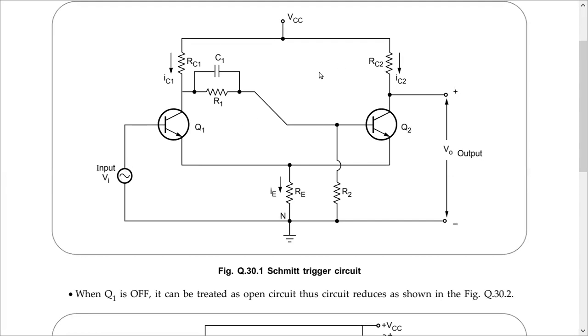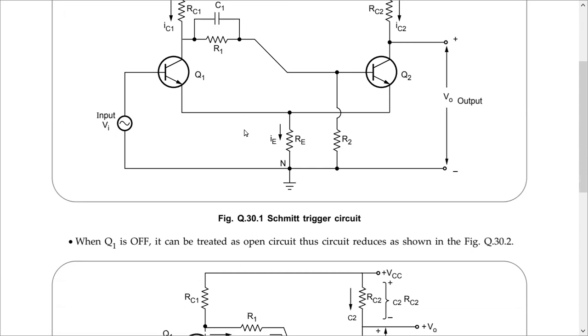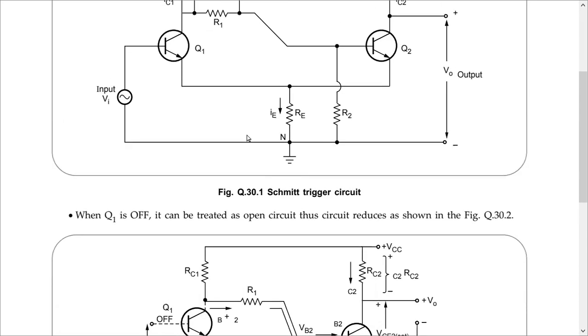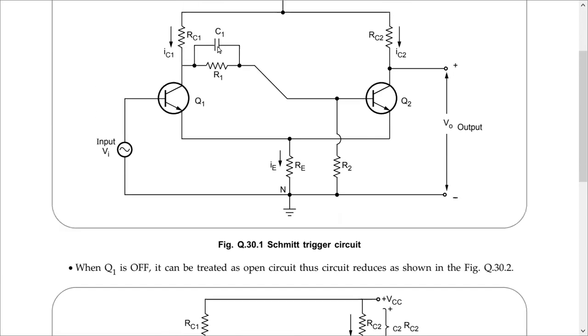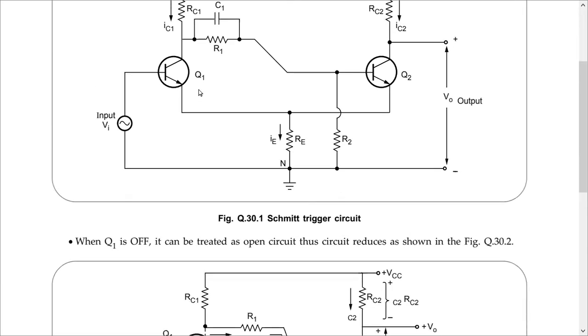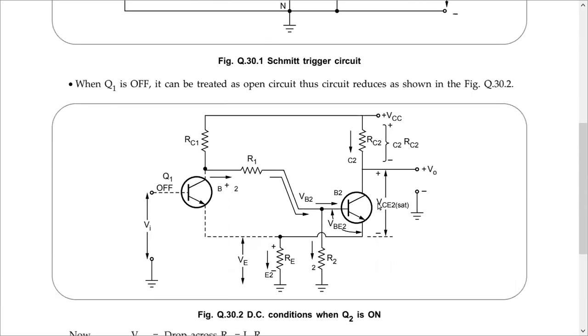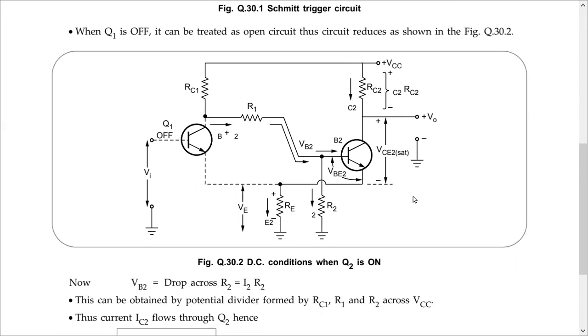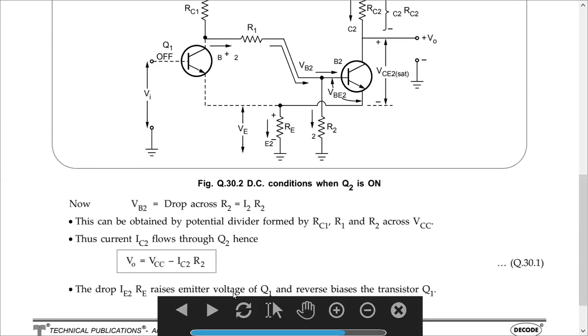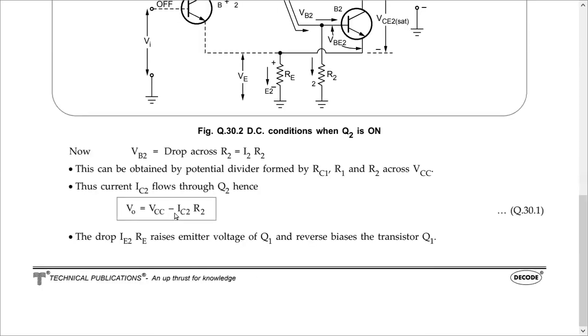Okay, as per the conditions we have discussed, we have seen that initially Q1 is off and Q2 is on, and based on that we have the expression for output voltage VCC minus IC2 into R2.